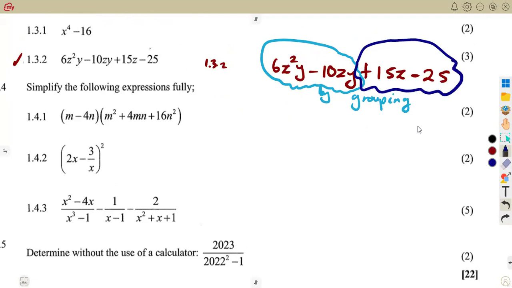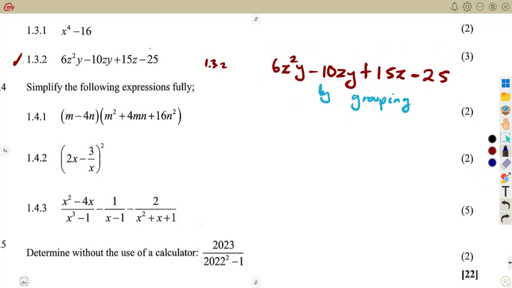Looking into the first 2 terms, there is something common between 6 and 10: 2 is common, and z squared and zy also have z in common. On the last 2, the 5 is common between 15 and 25. So we can group them as they are into 2, because we've got something common here and also common here.